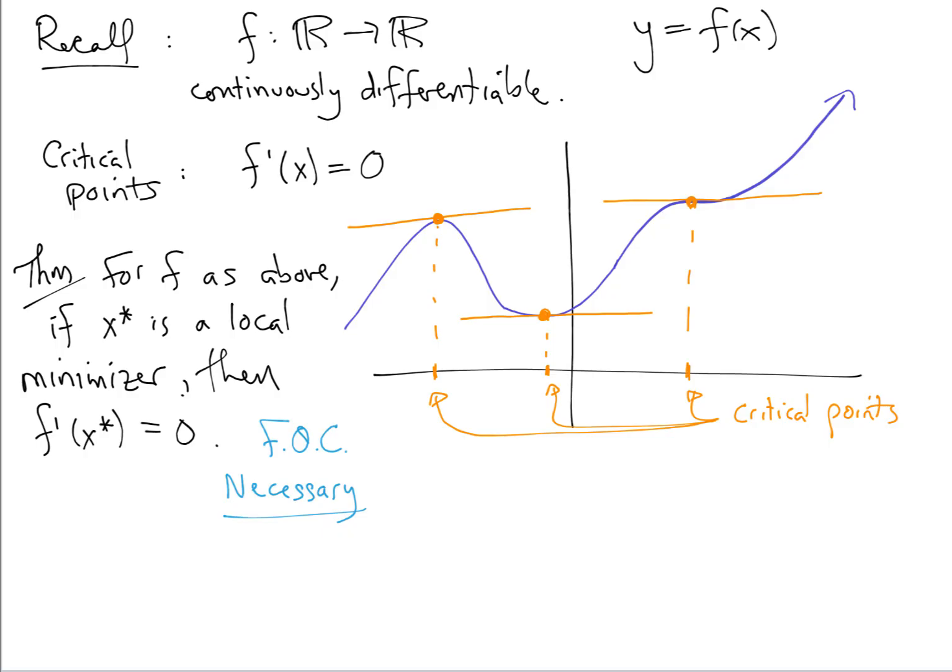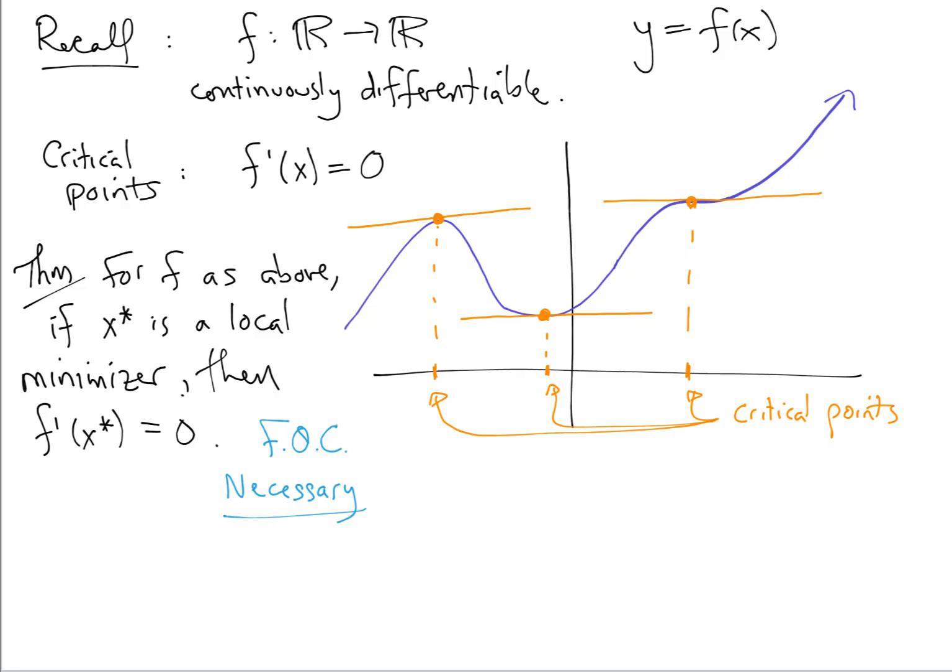So the way in calculus of single variable that we would find our local minimizer here is we would use this necessary condition to find all of the critical points. So you find all the points where this necessary condition is satisfied. That would give us these three.